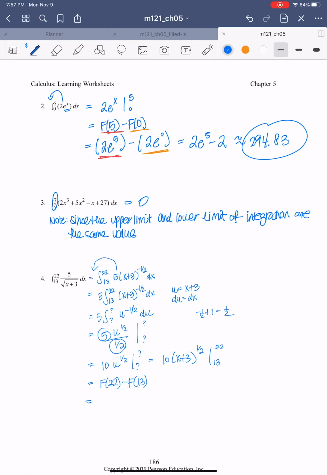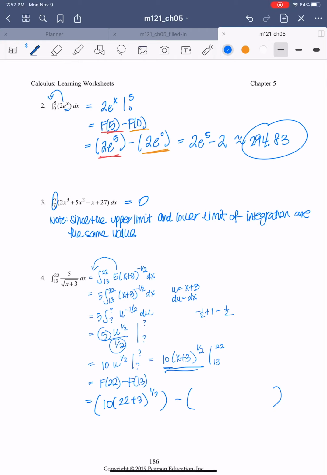Right, now f of 22, here's my function, right? So f of 22 minus f of 13. So 10 times 22 plus 3, raised to the half, minus 10 times 13 plus 3, half. We're going to do some math.